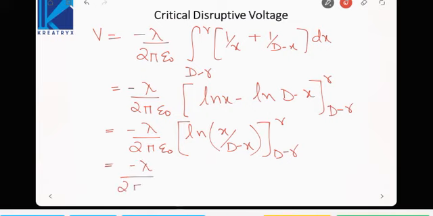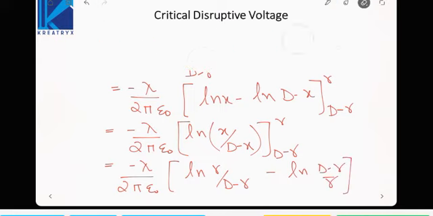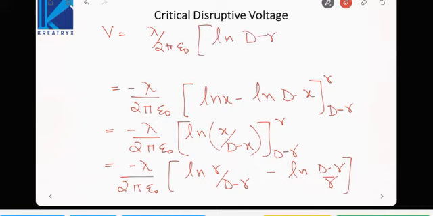When we put the limit r, we get ln of r by (d minus r), minus, when we put d minus r, ln of (d minus r) by r. If we take the minus sign inside, it will be lambda by 2 pi epsilon naught times [ln (d minus r) by r minus ln r by (d minus r)].